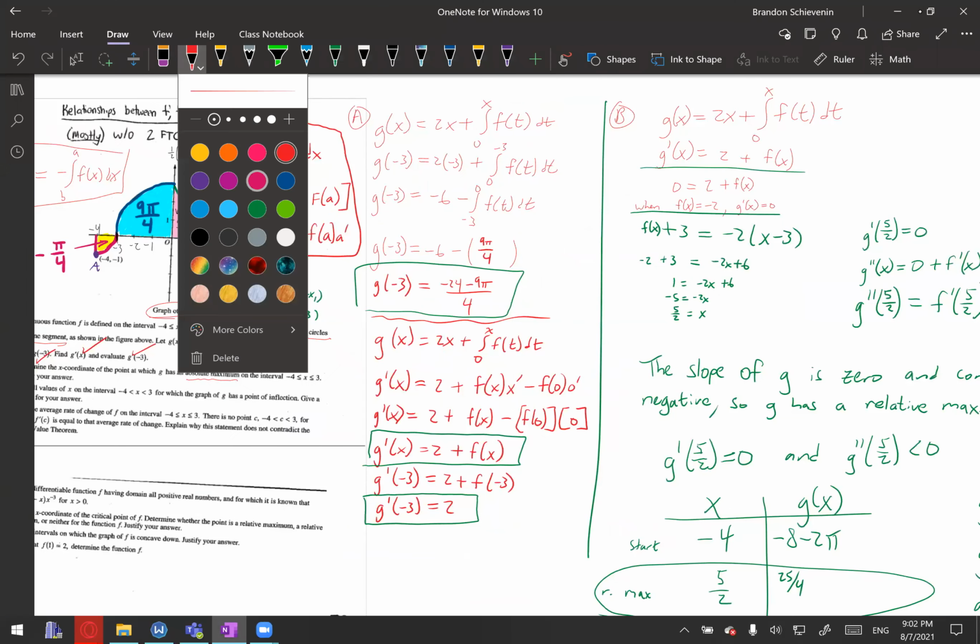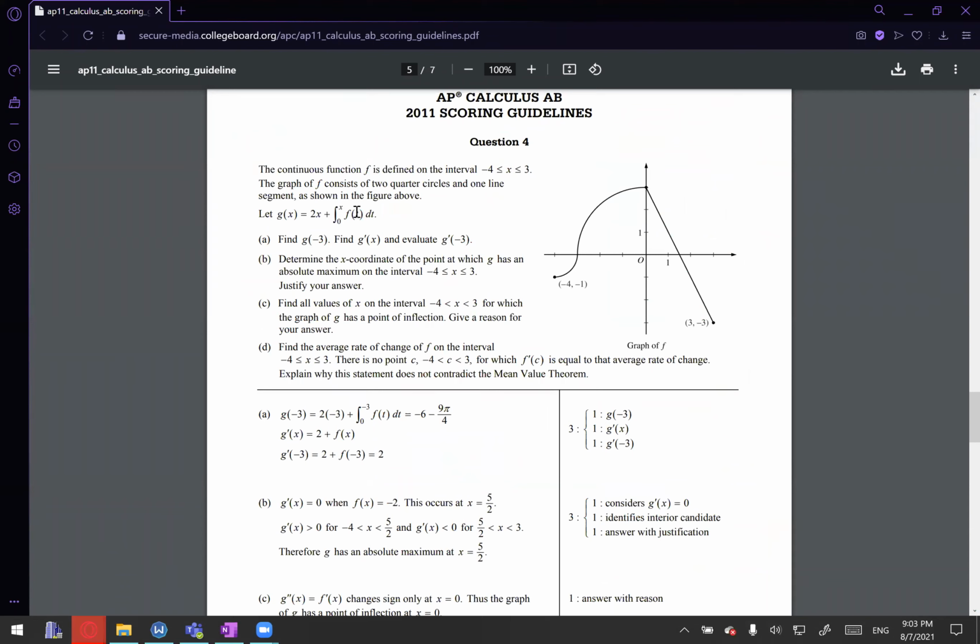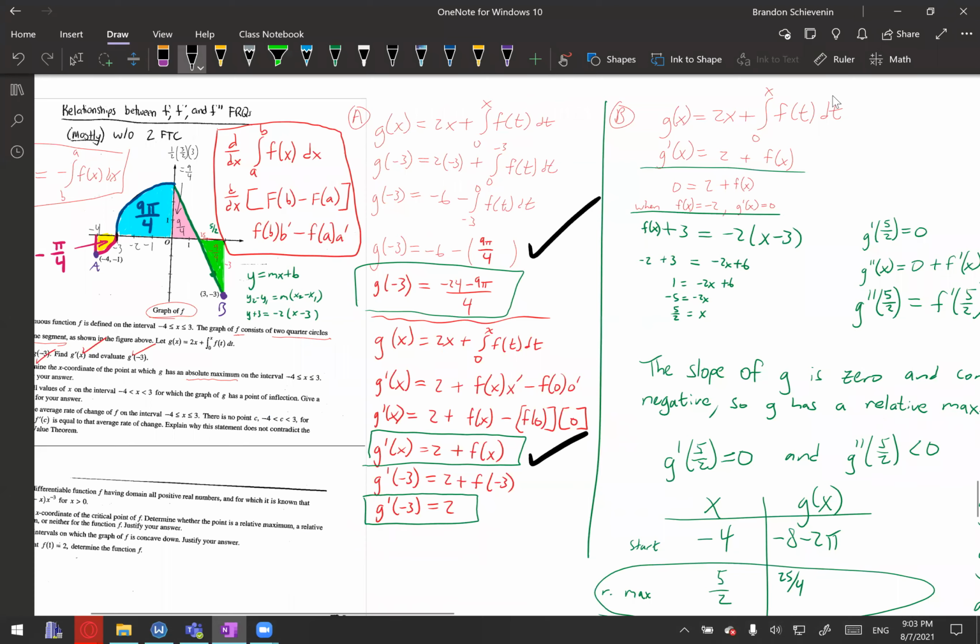The derivative of an integral would be f of b, so that's f of our upper bound times b prime, minus f of a, f of our lower bound times the lower bound prime. So that's 2, the derivative of 2x, plus f of our upper bound, f of x, times the derivative of our upper bound, which is 1, minus f of 0 times the derivative of our lower bound, which is 0. So that's 2 plus f of x.